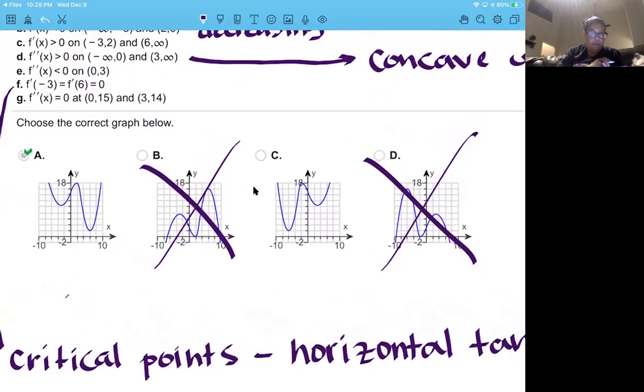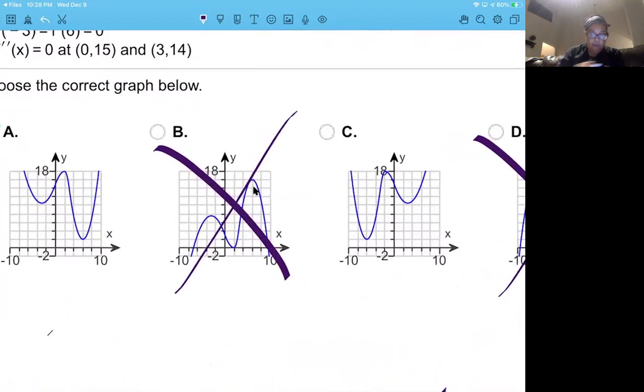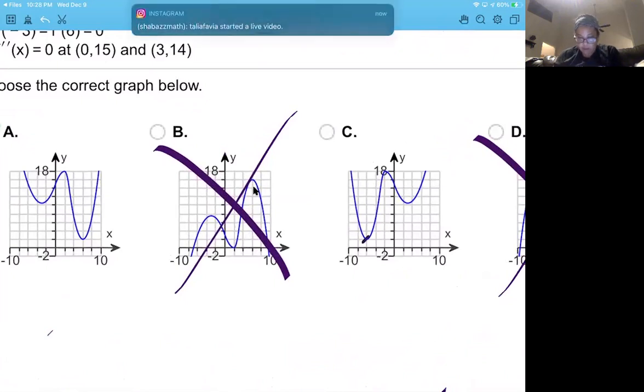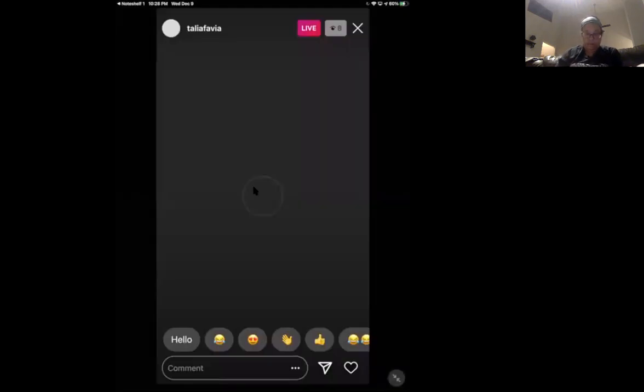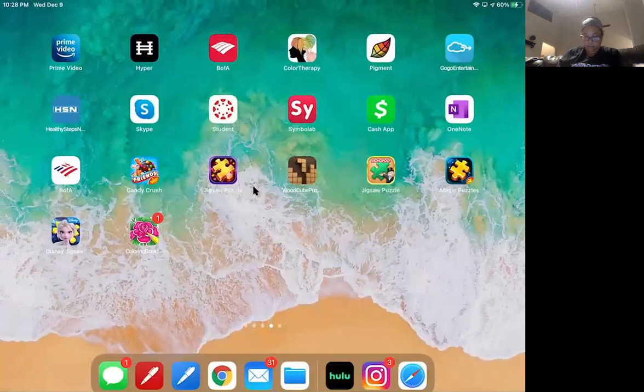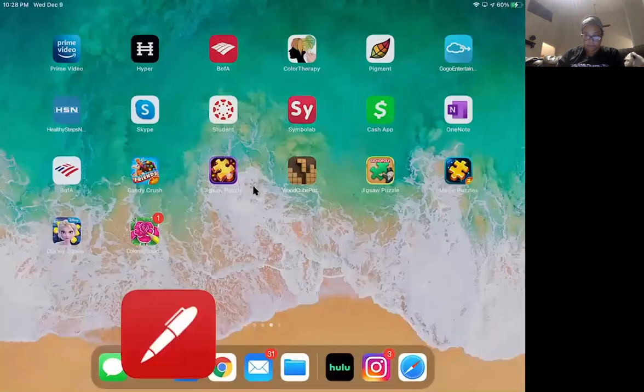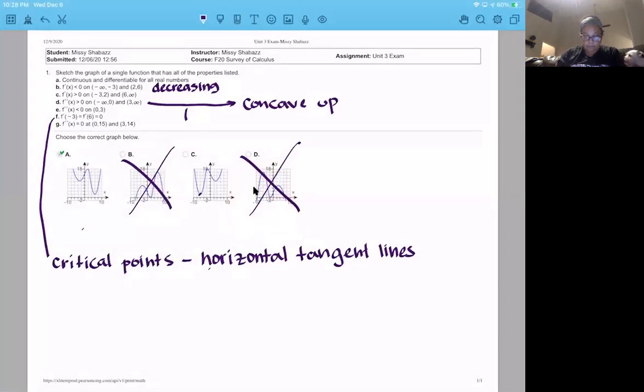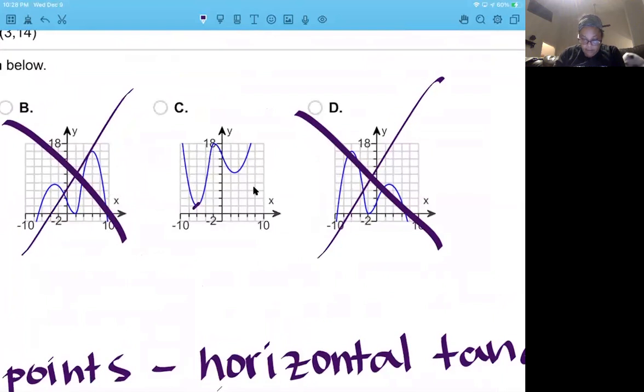So let's see what's going on here. Negative 3 and 6. Let's check these points a little bit better.